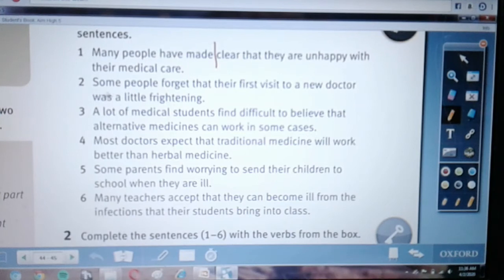Next, number 2. Some people forget that their first visit to a new doctor was a little frightening. Is it necessary to put it in this sentence? Let's try to put it there. Some people forget it that their first visit to a new doctor was a little frightening.